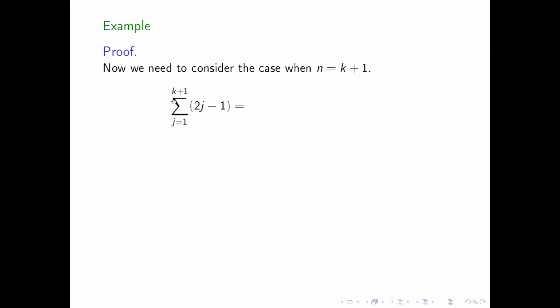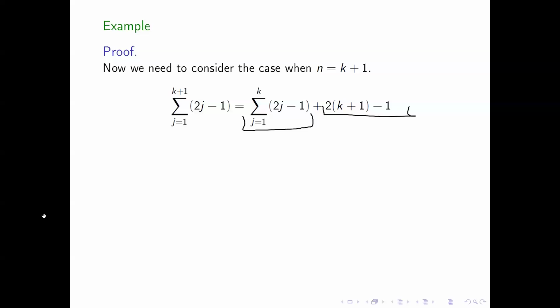If we come to this case, we're now looking at the summation that goes up to k plus 1. Remember when we talked about summations, we can peel off the k plus 1 term. So this is the sum up to k, and this is the k plus 1 term. We broke it off where we just plugged in the k plus 1.